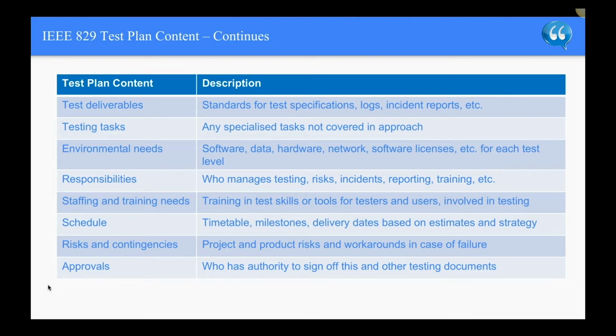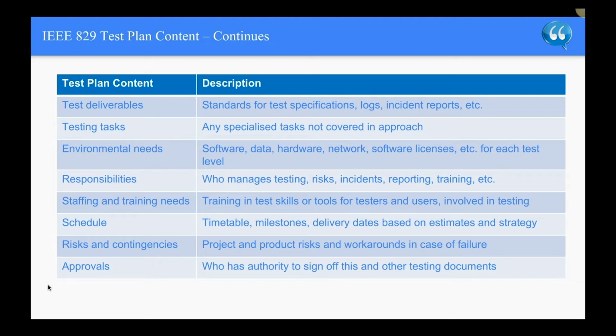Environmental needs: you need software, data, hardware, network, software licenses, everything you need to be able to carry on with the test. Responsibilities: who manages testing, risks, incidents, reporting, training, etc. Then staffing and training needs: training in test skills or tools for testers and users involved in testing.